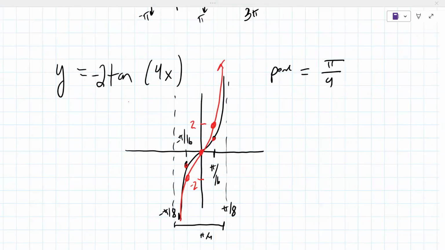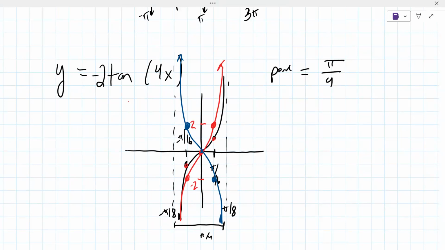Okay. So now if it's down here, it's going to be up here. It's going to come down there. The 0 stays the same, and it looks like that. Okay. Is that okay? Yeah.